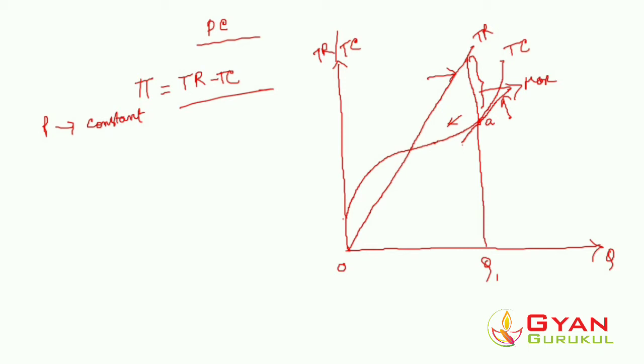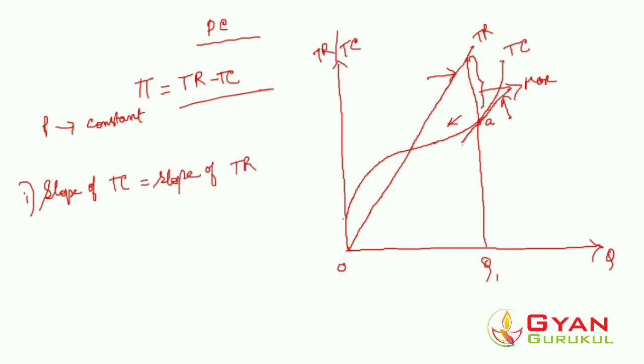So the first condition at the profit maximizing point is that the slope of total cost is equal to the slope of total revenue.